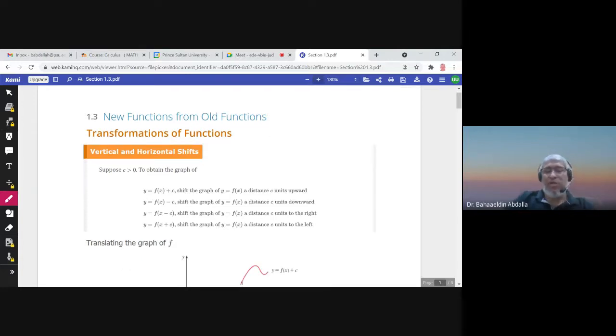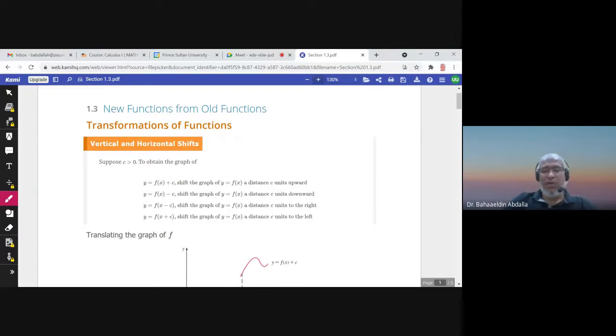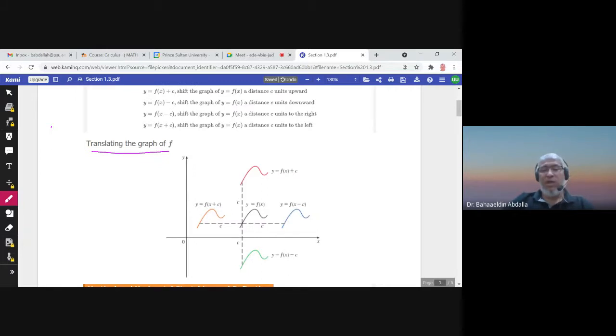First type of transformations would be translation. So translating the graph of f. This is the graph of f of x in the middle. We can shift this graph or translate this graph to the right, to the left, up, or down.